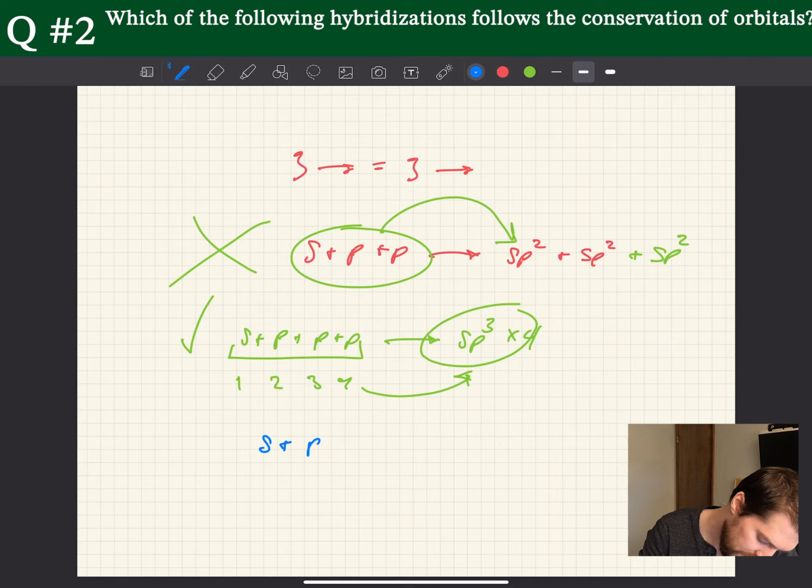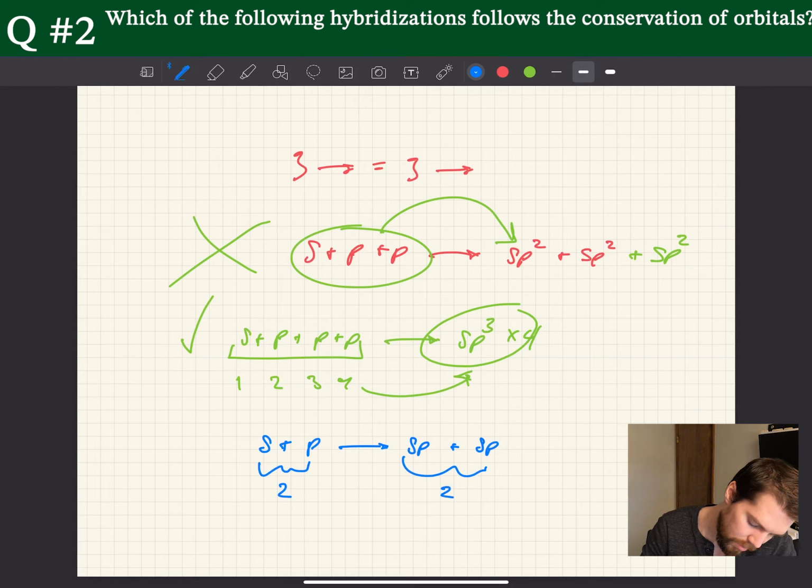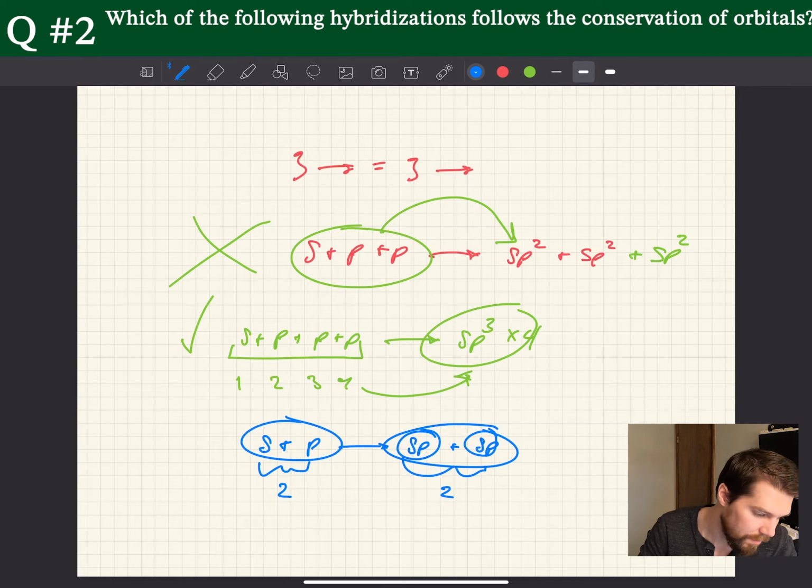Next one down. S plus p yields sp plus sp. I put in 2, I got out 2. That's conservation of orbitals, and they are the correct names as well. I combine an s and a p, I get sp hybrid orbitals. Very good.